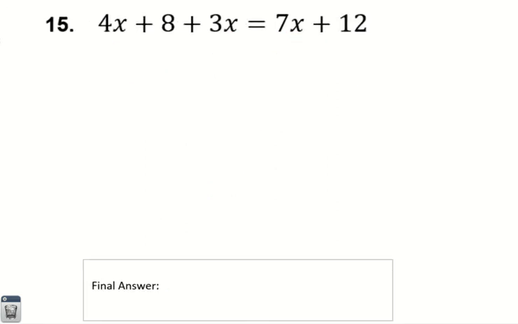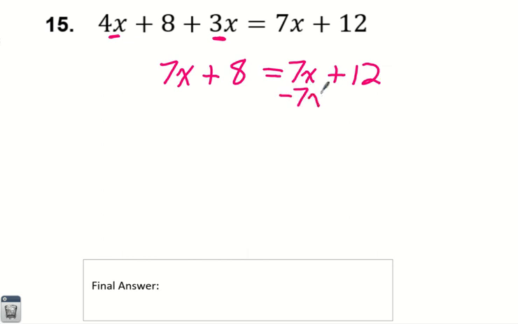Number 15, it looks like there's a couple like terms already on the left side together, which make 7x when you combine them. Now we have to get the x's only on one side, but when we do that, the x variable totally goes away, and what we're left with on the left is 8, and on the right we have 12, so 8 equals 12.